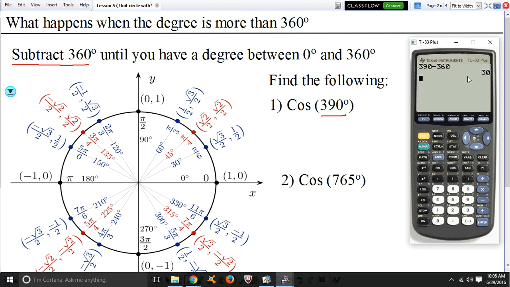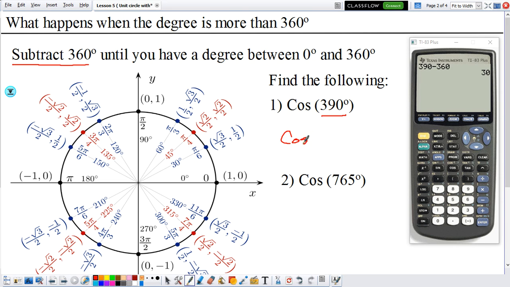Notice that 30 is between 0 and 360. So the cosine of 390 is the same as the cosine of 30. And now we know how to find the cosine of 30 on the unit circle. Here's the angle. Cosine is x. So the cosine of 30 is square root of 3 divided by 2.